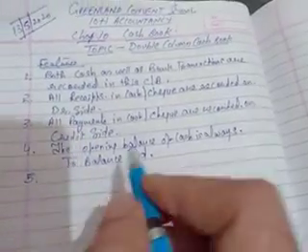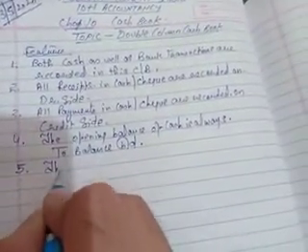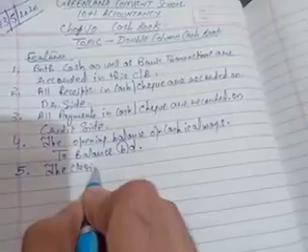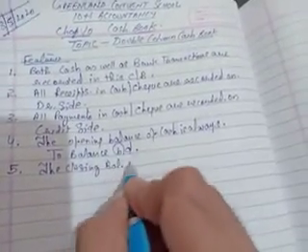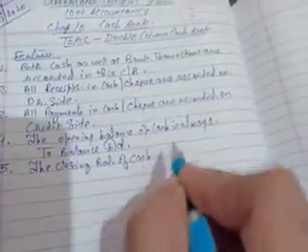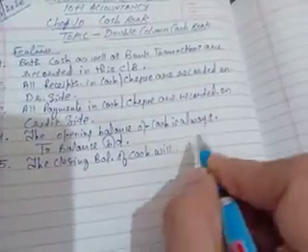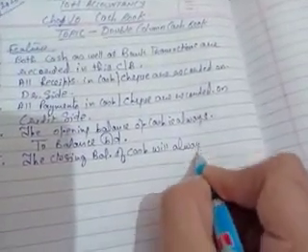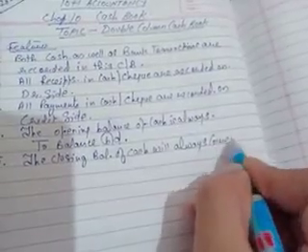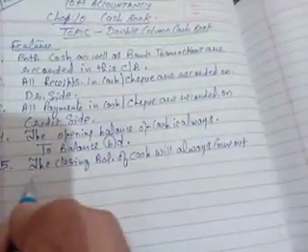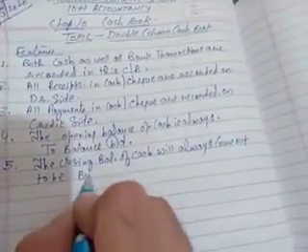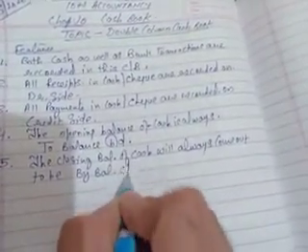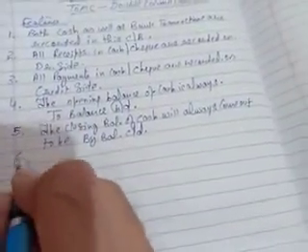Number five, the closing balance of cash will come out to be by balance carried down.